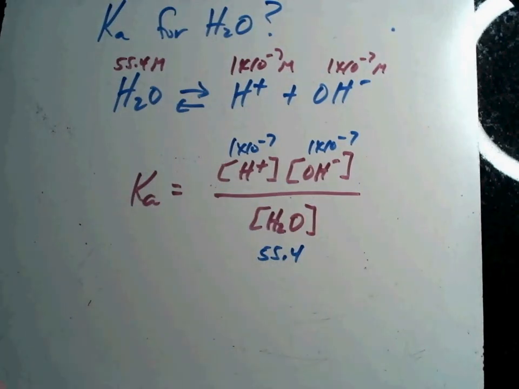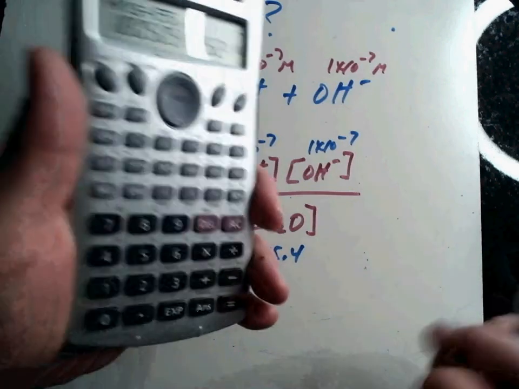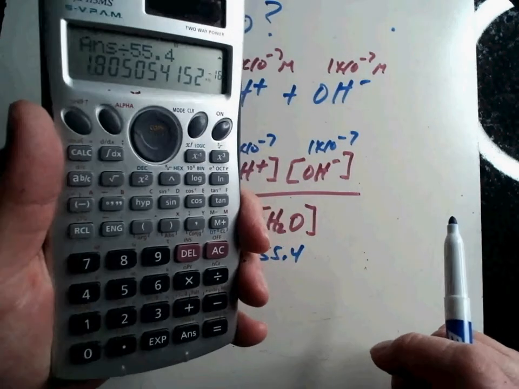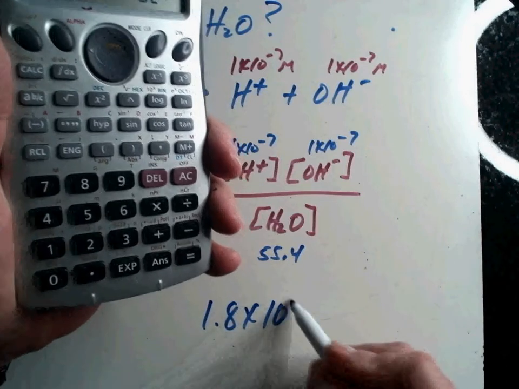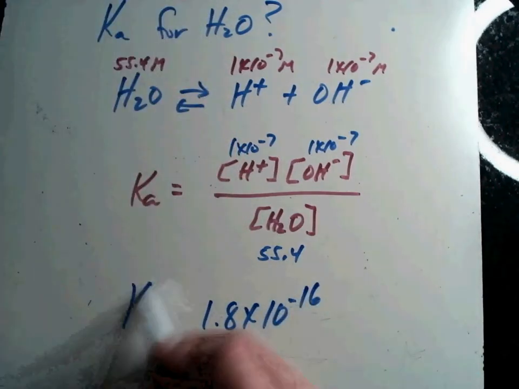So you grab your handy dandy calculator. 1 times 10 to the negative 7th times 1 times 10 to the negative 7th equals, divided by 55.4. The answer is 1.8 times 10 to the negative 16th.